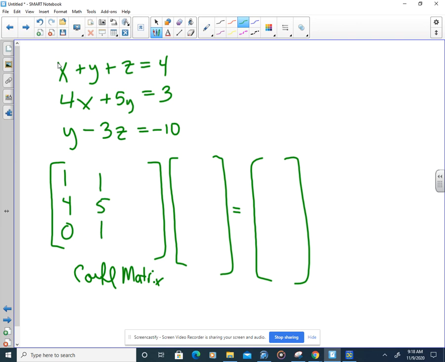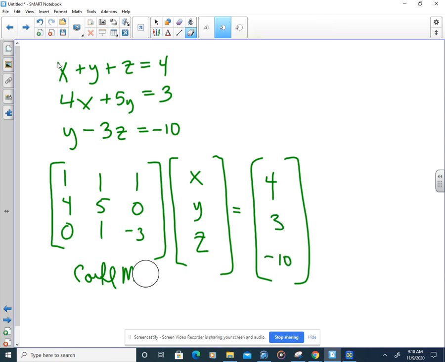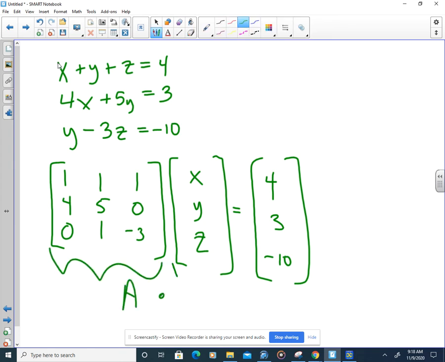List the z coefficients. We got 1, 0, negative 3. List out our variables, x, y, z. Our constant matrix is 4, 3, negative 10. So again, we're going to call this A, call this X, call this matrix B.